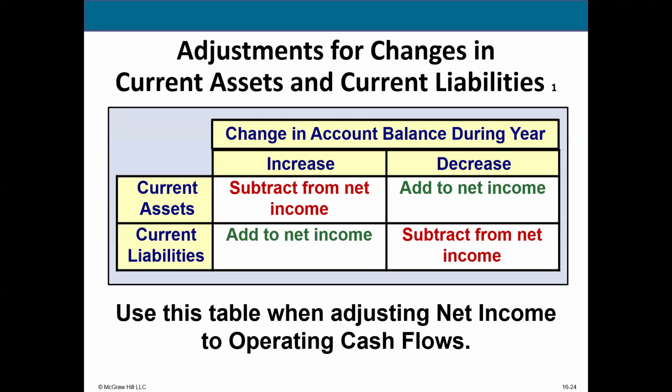If it's a decrease in current assets, we add it to net income. And then the opposite for current liabilities. The reason why it's opposite like that is you have to remember the accounting equation: assets equals liabilities plus equity. Once you reach the other side of that equals sign, the sign flips. Remember? So that's why it works that way.